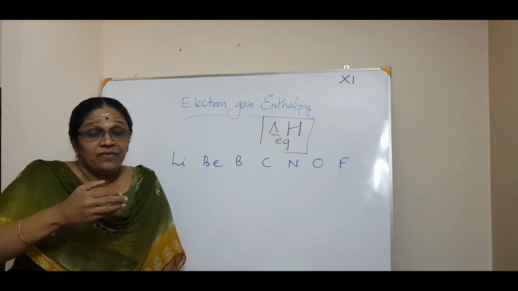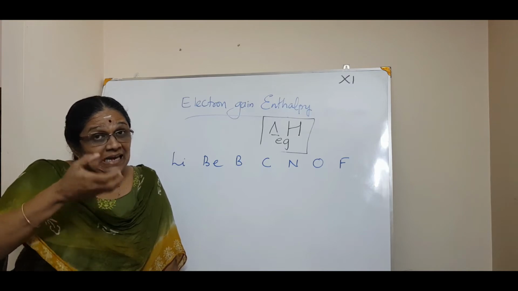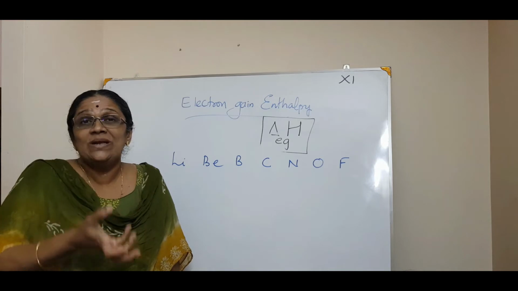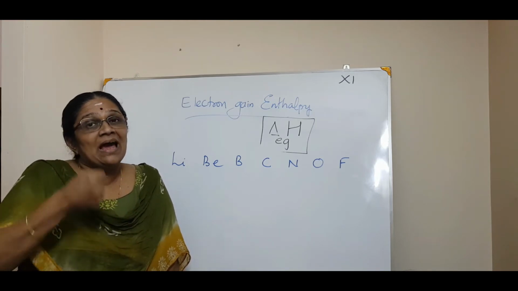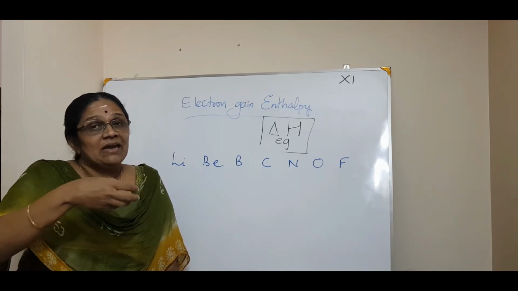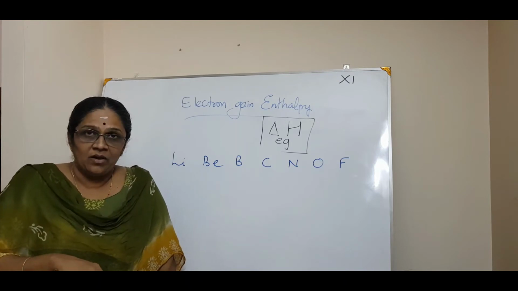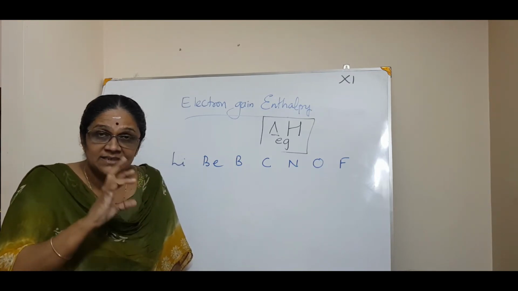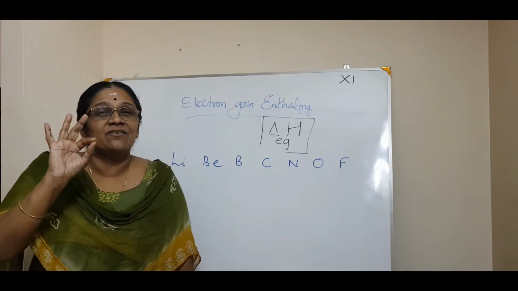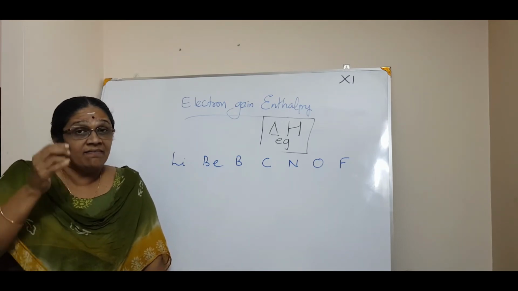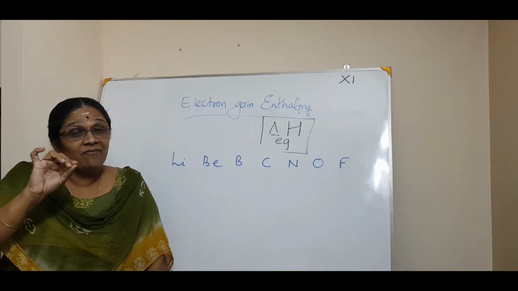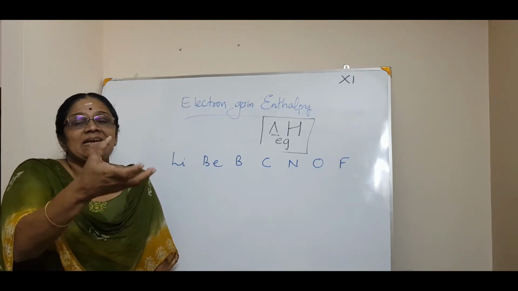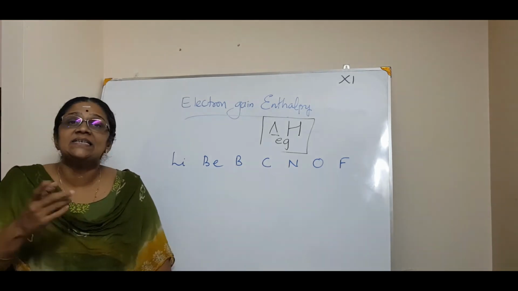Now, if the tendency for that element to accept an electron is high, then that element will have a negative electron gain enthalpy. A high negative electron gain enthalpy means that element will readily accept an electron to form an X minus anion.